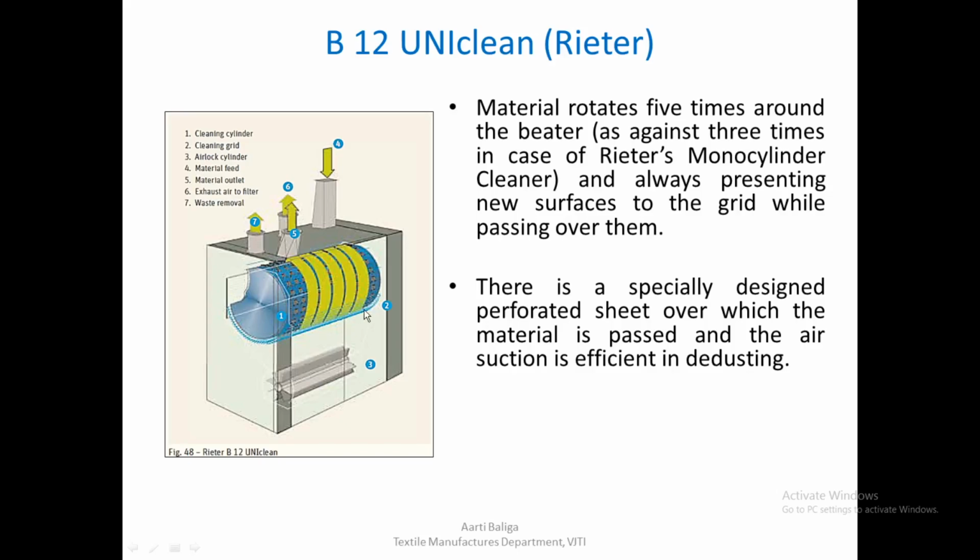In the modern blow room sequence, it has been taken care at every stage that wherever possible dedusting of the material must happen. So the first stage we can see here in B12 Uniclean, a dedusting feature has been added.